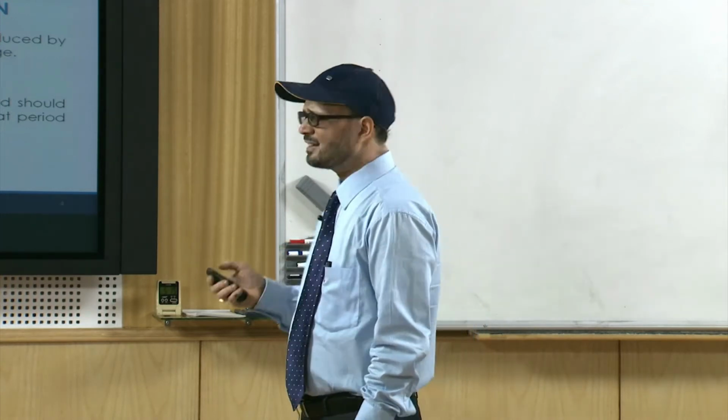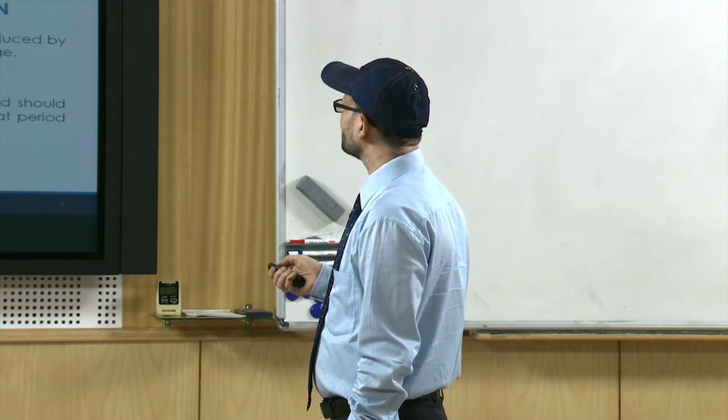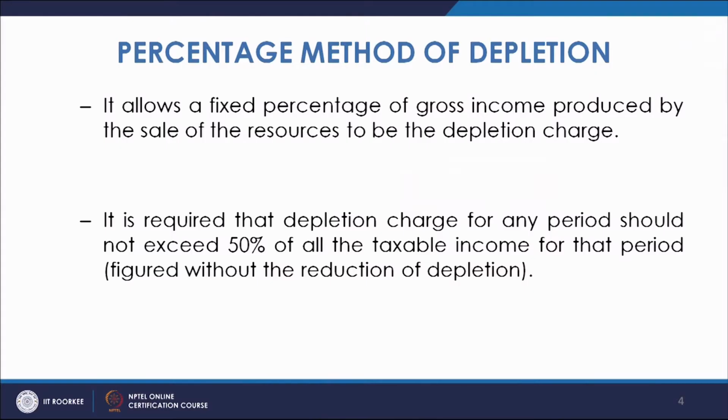Now, in that there is a cap. It is required that the depletion charge for any period should not exceed 50% of the taxable income for that period. So, what may happen is that it may go to more than that.